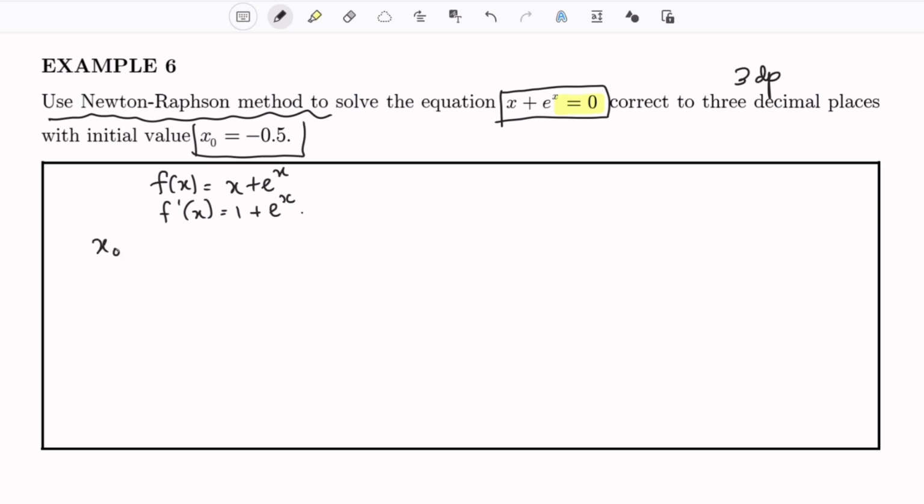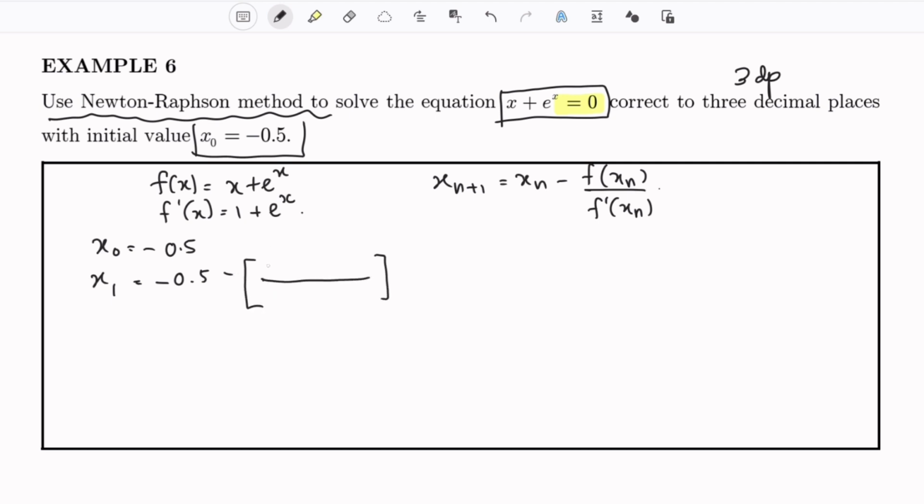So x0 equal to negative 0.5. Next will be x1. The formula x(n+1) equal to x(n) minus f of x(n) over f prime of x(n). So x1 will be negative 0.5 minus, use bracket, negative 0.5 plus e^(negative 0.5) over 1 plus e^(negative 0.5).